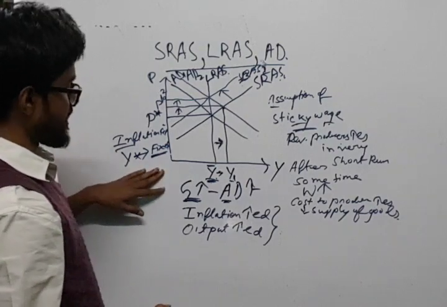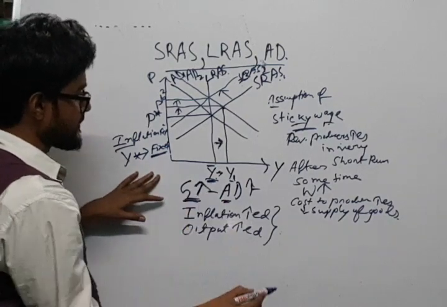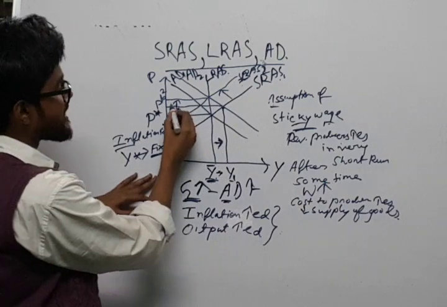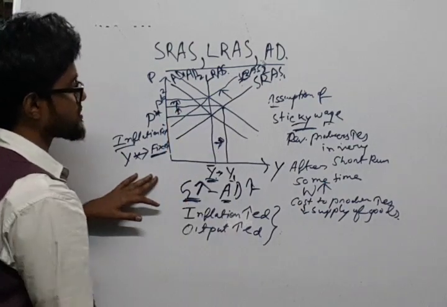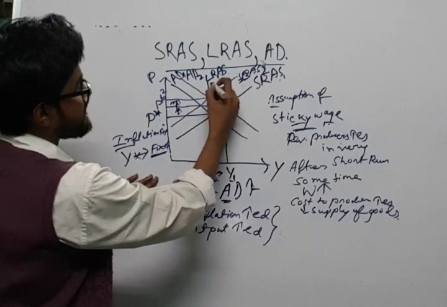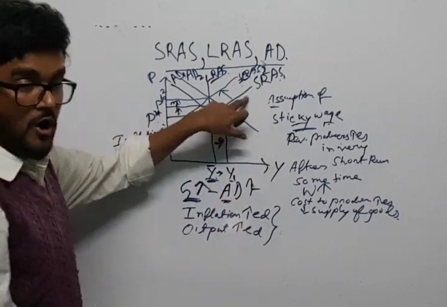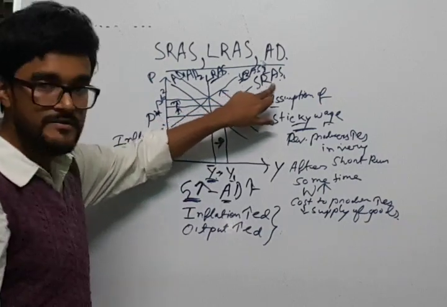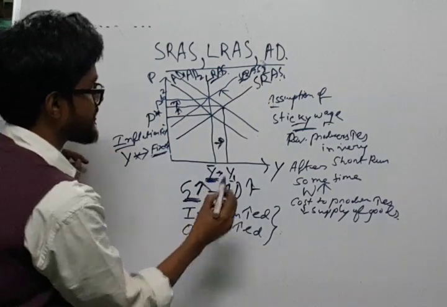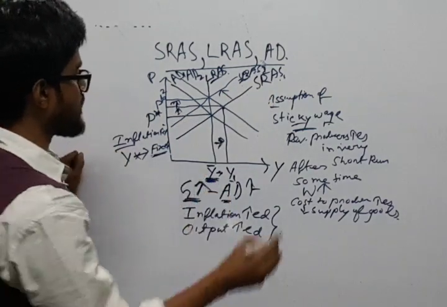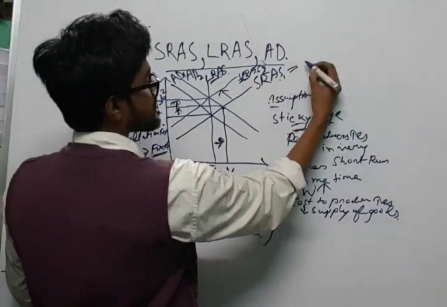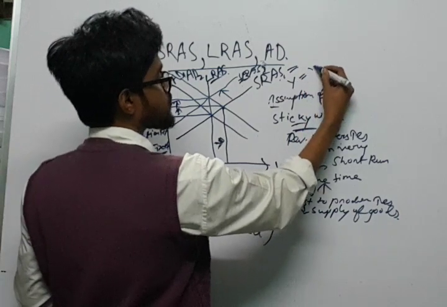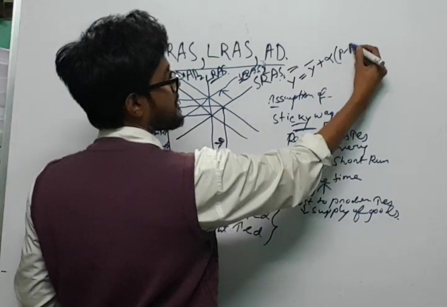So here, due to increasing G, instead of increasing Y, inflation has increased but Y remains constant, which is the same as the long-run aggregate supply curve. So in the long run, due to the shifting short-run aggregate supply curve, it ultimately leads to the natural rate of output. Now the short-run aggregate supply curve equation can be written as Y equals Y bar plus alpha times (P minus P expected).